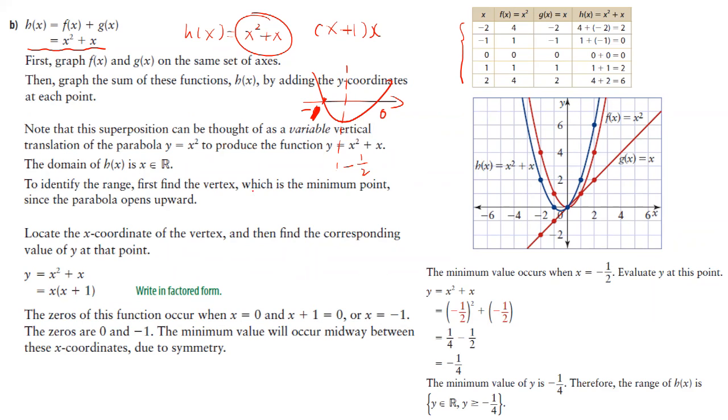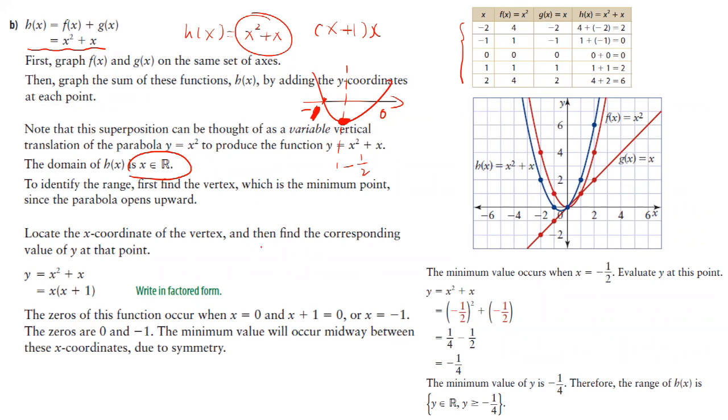And again, the domain is the whole real number set, right? x can be any real number. And for the range, apparently there is a minimum point, right? First of all, we can find the minimum point.